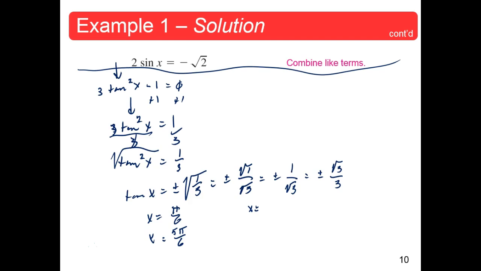So the other one that would be plus would be pi over 6 beyond pi. Pi would be 6 pi over 6, add 1, 7 pi over 6.